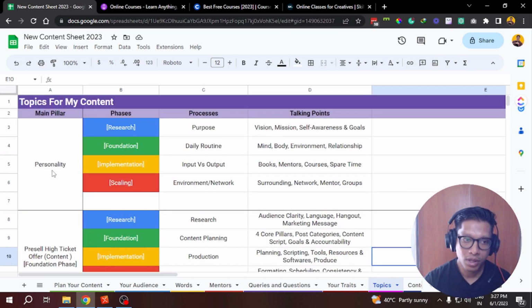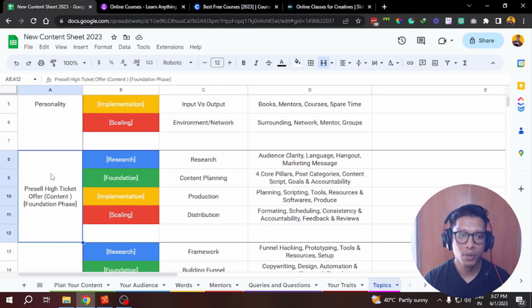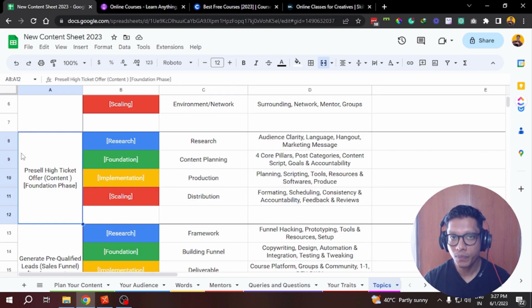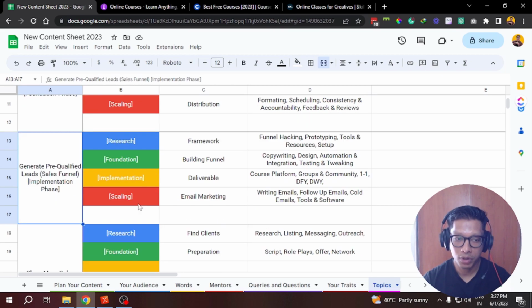So in your course, just talk about the research part and then implement all different phases in your research part. Then when you're talking about building foundation, implement all these parts in building foundation. Then create your implementation part of your course and implement all the different phases.